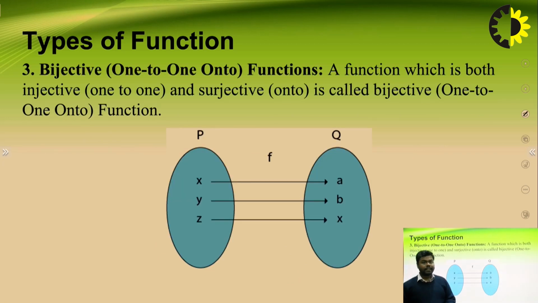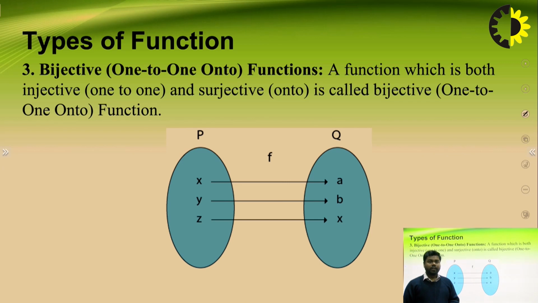Now the bijective function. Bijective is also called a one-to-one onto function, meaning it contains both one-to-one and onto. The statement says that a function which is both injective and surjective is known as bijective, that is, a one-to-one onto function.